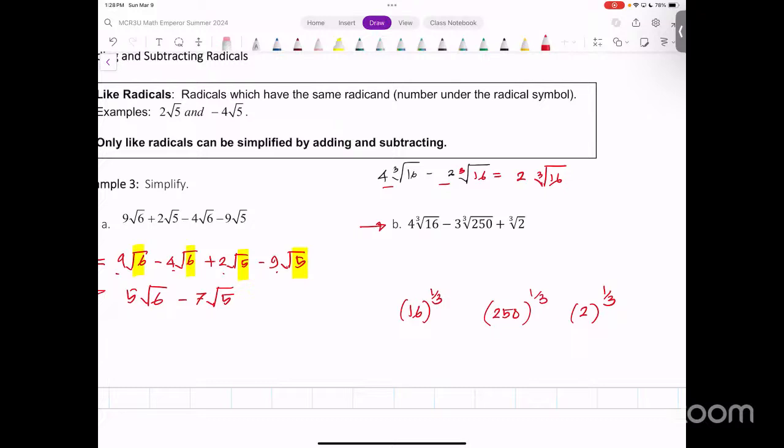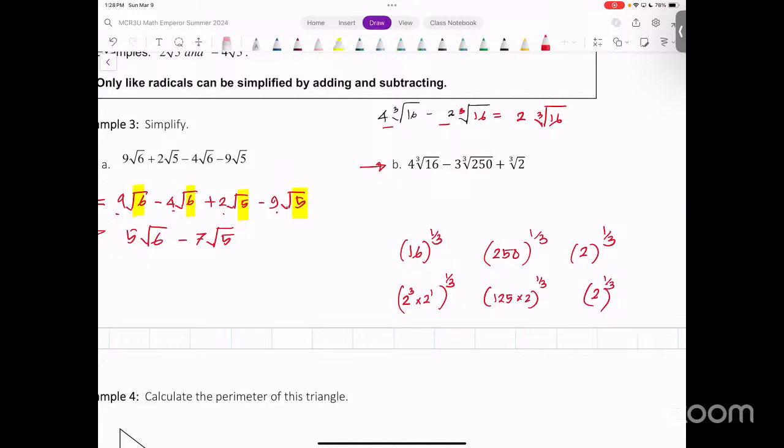Can I write 16 as 2 to the power of 3 times 2 to the power of 1? Anyone have any question with that? 250, I can write as 125 times 2, and I'm not touching that. Anyone have any question on that part? 125 times 2 is 250, isn't it?